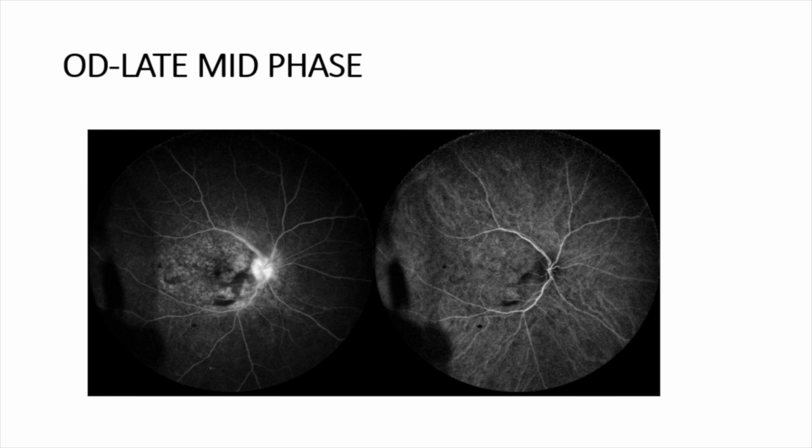In the mid phase of the right eye, there are increasing hyperfluorescent pinpoint leaks, and there is disc leakage. In the left eye, there are progressively leaky choroidal vessels, and there are hypofluorescent dark dots.